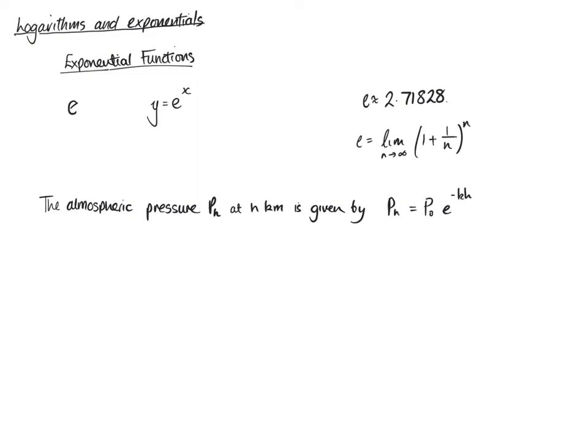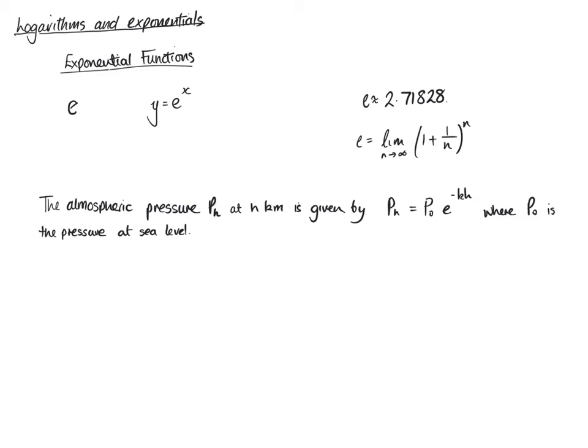It's quite common that you'll see formulas like that, where P naught is the initial pressure, or the pressure at sea level in this case. It is quite often that you'll have the initial and the current values for your question.